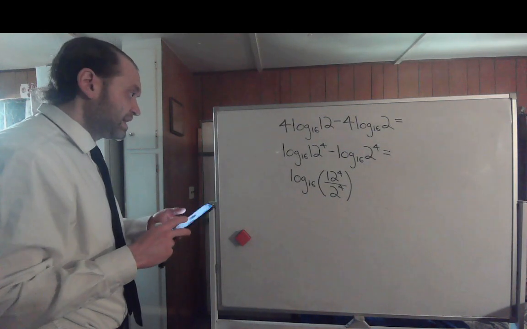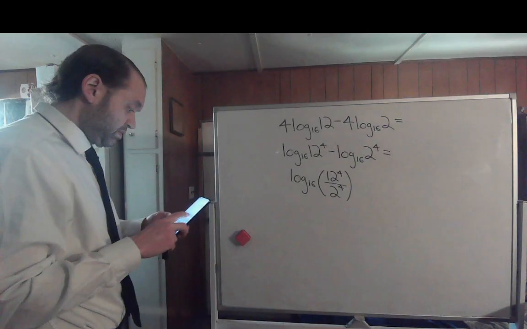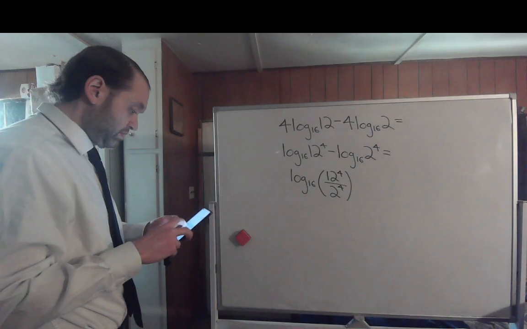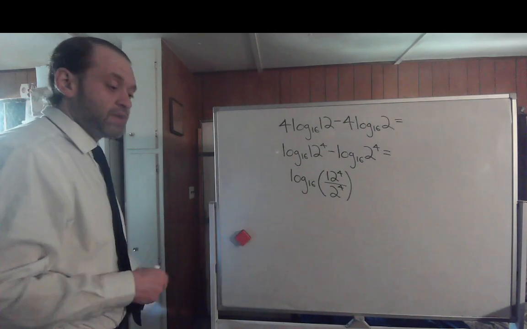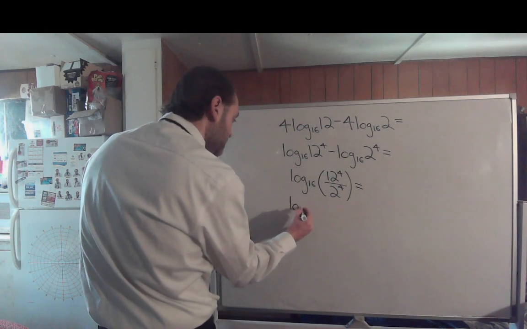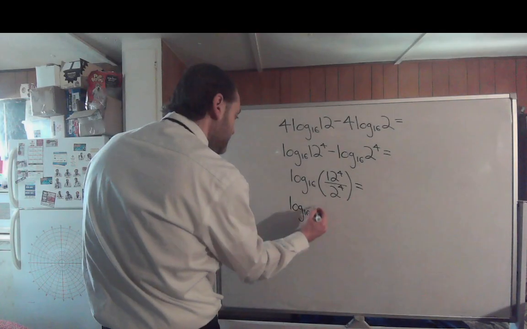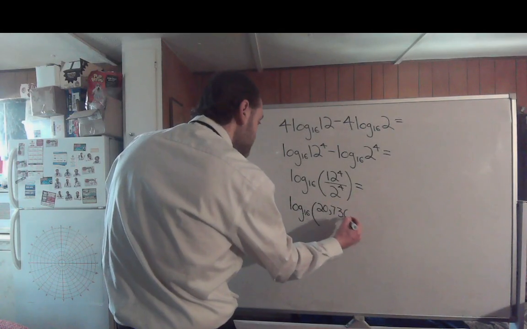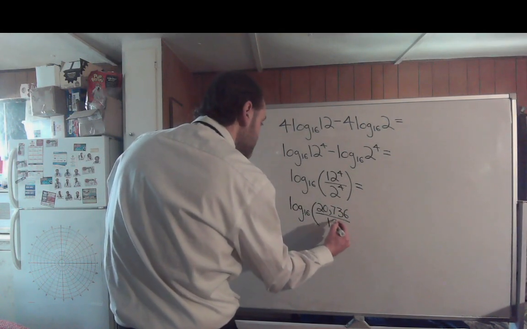So what the heck is 12 to the 4th? That's 20,736. So this would end up being log base 16 of 20,736 divided by 16.